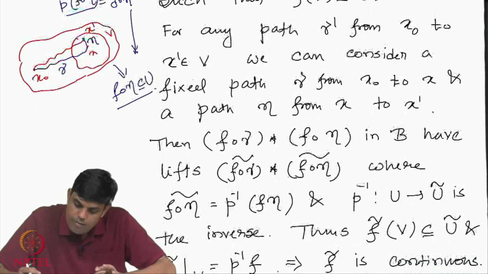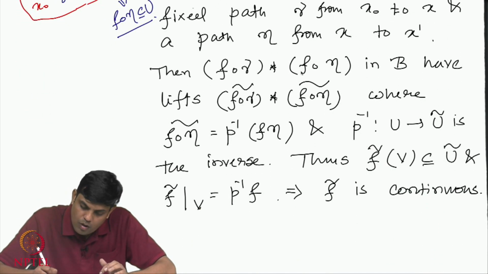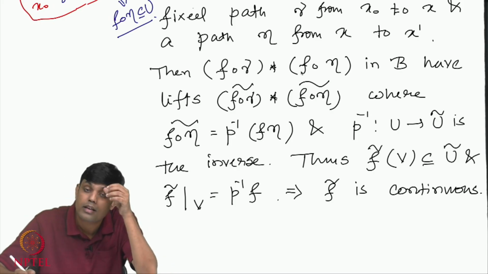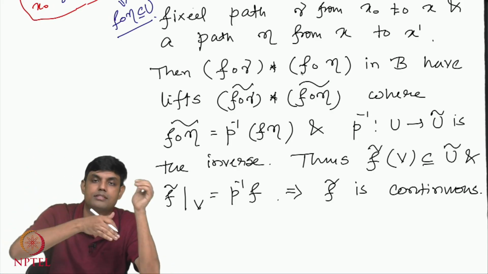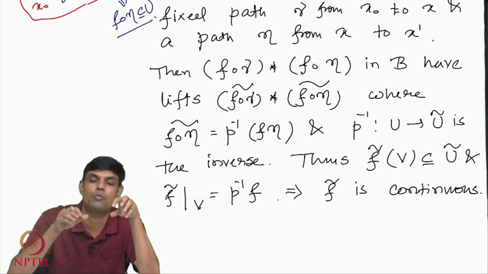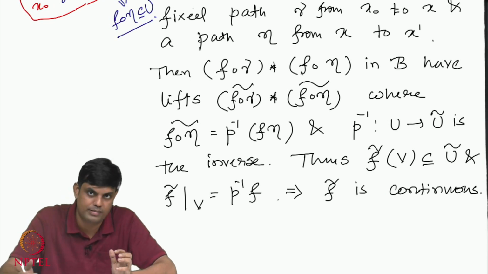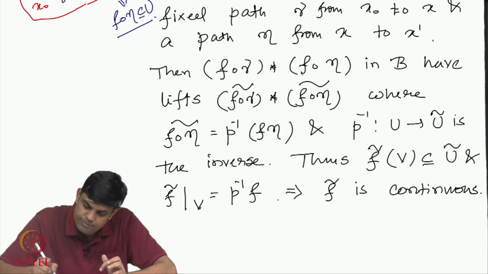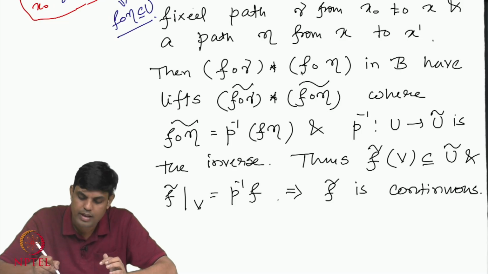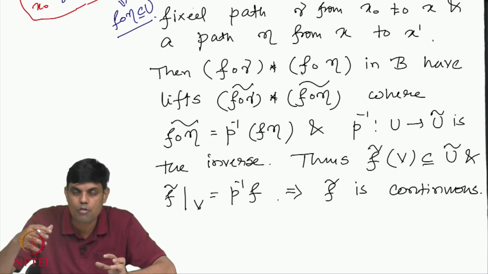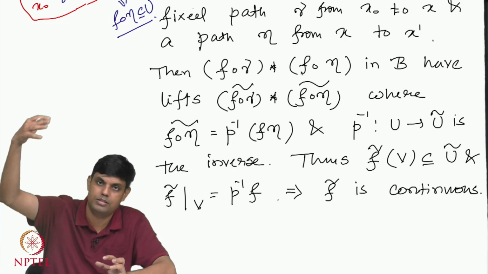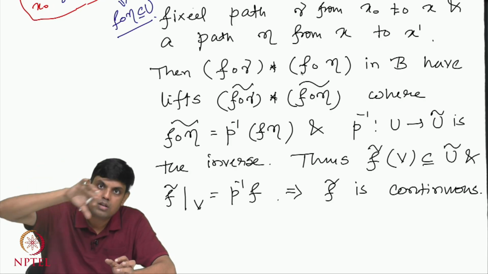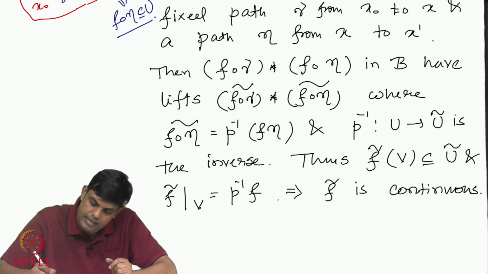So therefore if I take a neighborhood of a point in the top space, its inverse image lies inside an open set. It is like the inverse image of an open set being open, because if I look at the inverse image of this U tilde under F tilde, then every point has a neighborhood which goes inside U tilde.